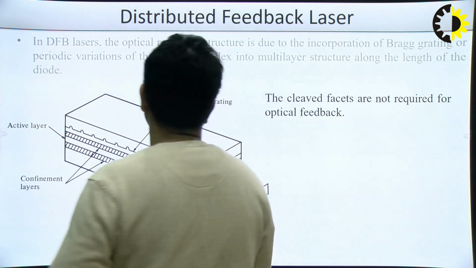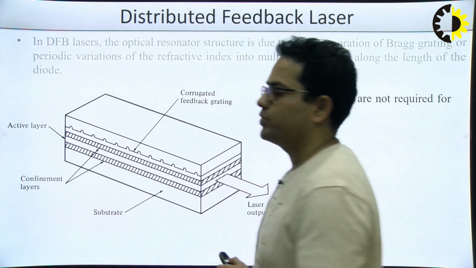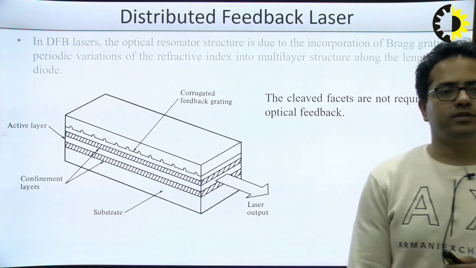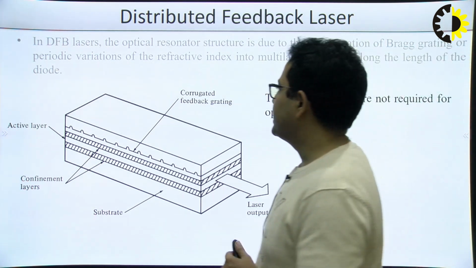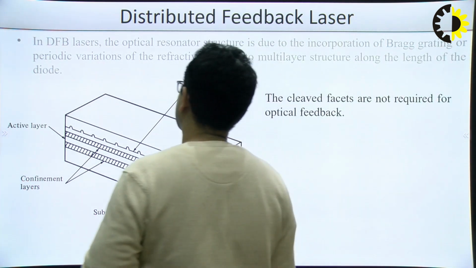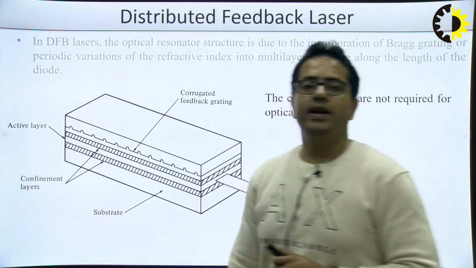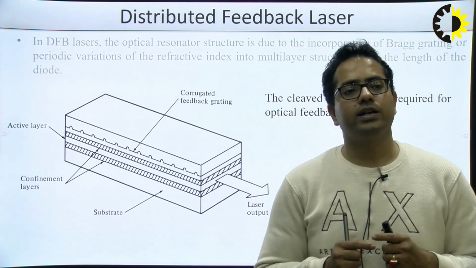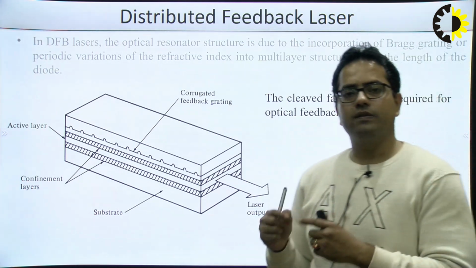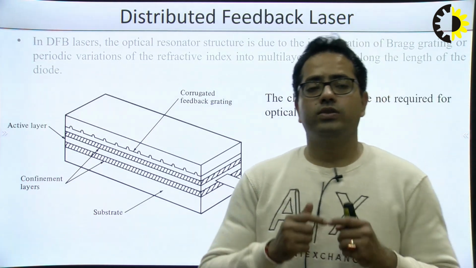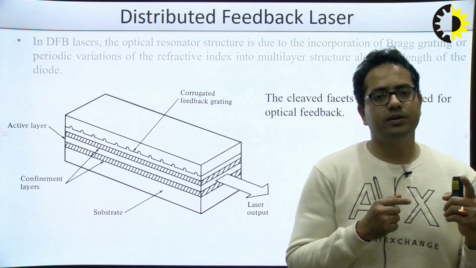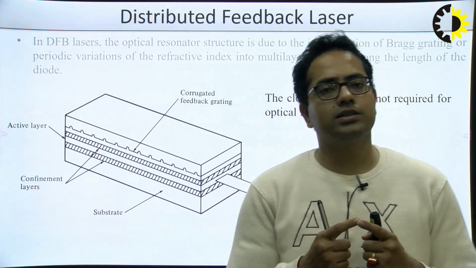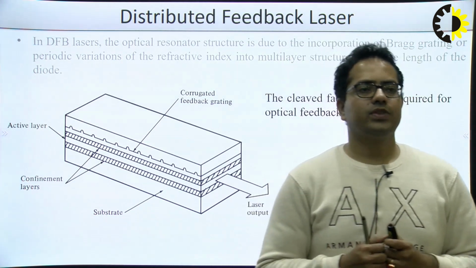In our last class we were supposed to start with the distributed feedback laser. So what is happening in the distributed feedback laser? We are creating a variation in the refractive index just near the surface of the active layer. That periodic variation, that perturbation in the refractive index, is called a grating.